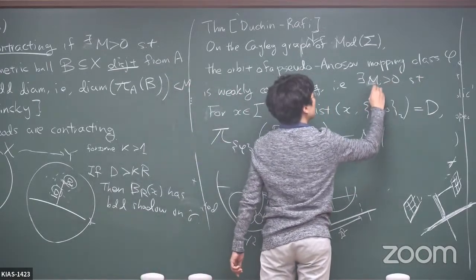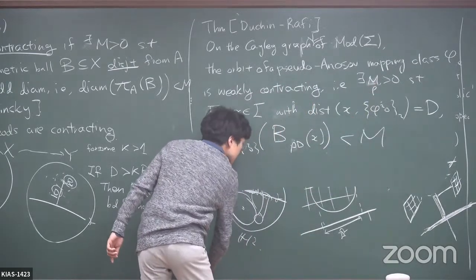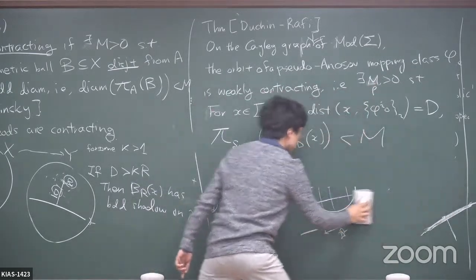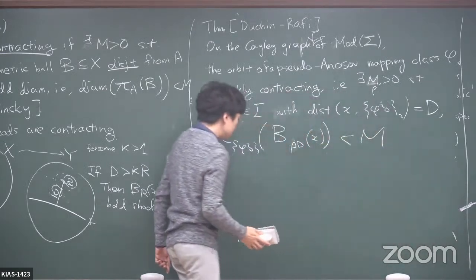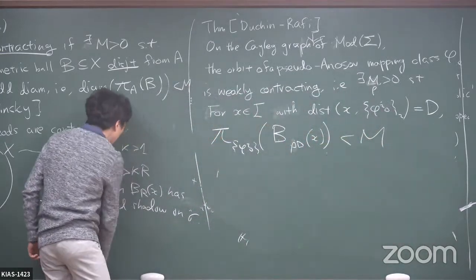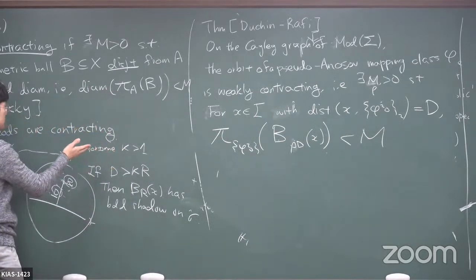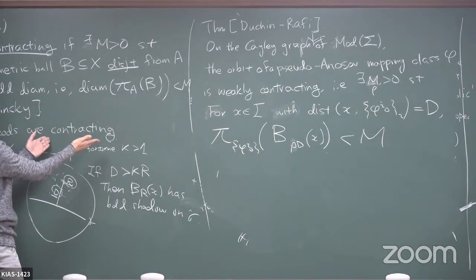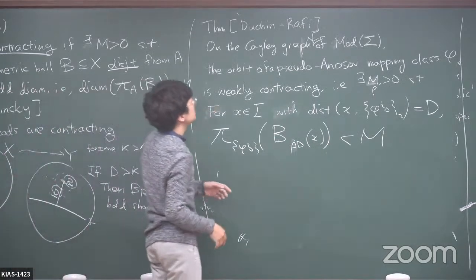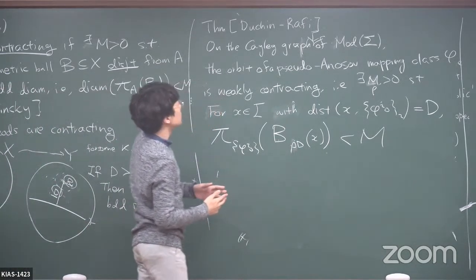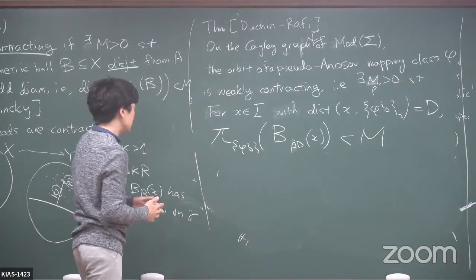I didn't really explain how this perfectly contracting property on Teichmüller space can imply this weakly contracting property on the mapping class group.